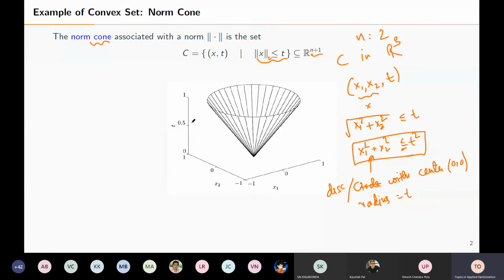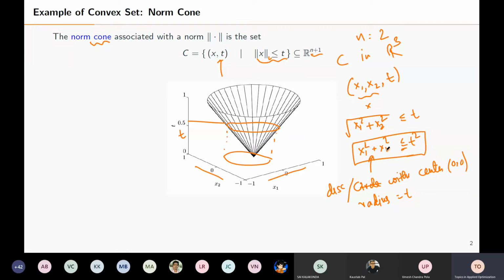Now you can see, if I fix an arbitrary t somewhere here, t is the height I'm taking, and these are the x1 and x2 axes. The corresponding (x1, x2) will be on the x1-x2 plane.